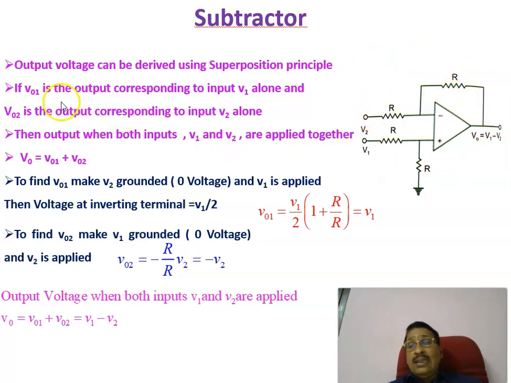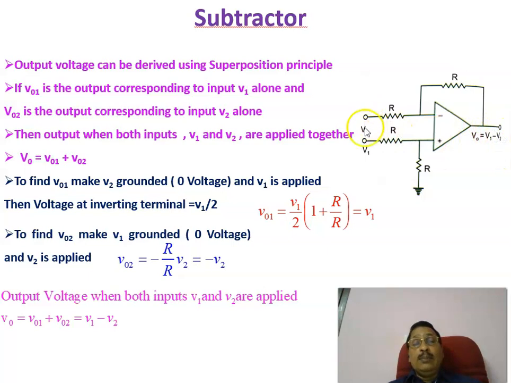In the same way, V01 is the output corresponding to input V1 alone, with V2 grounded, and V02 is the output corresponding to input V2 alone. Then the output when both inputs V1 and V2 are applied is V01 plus V02.